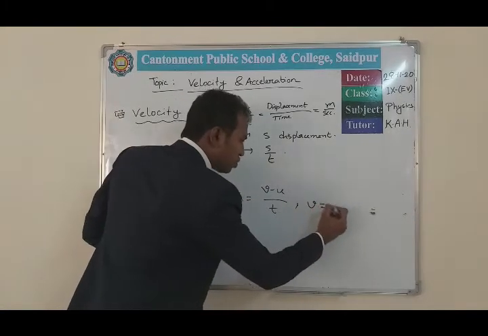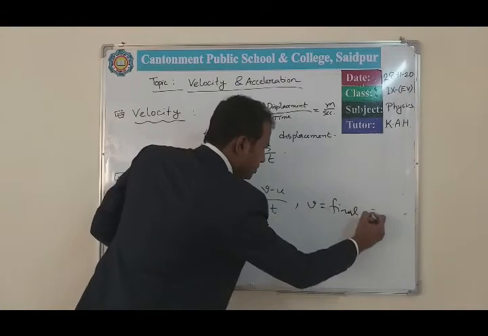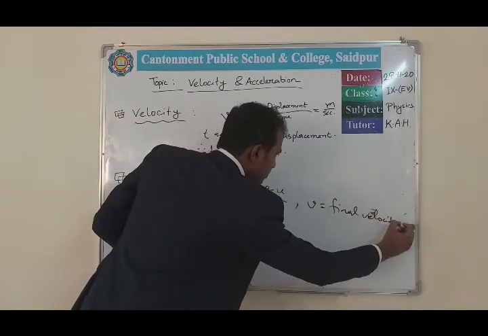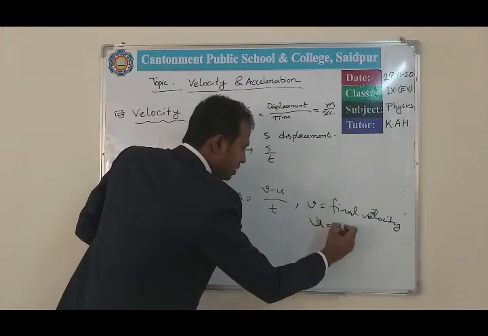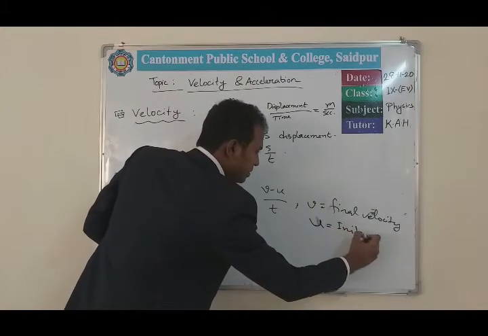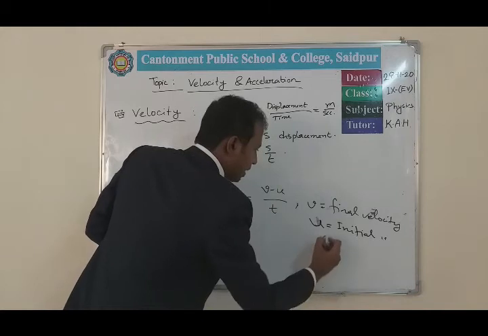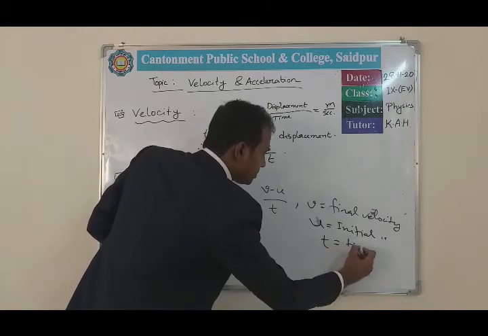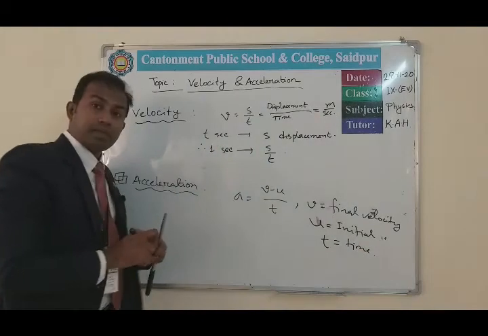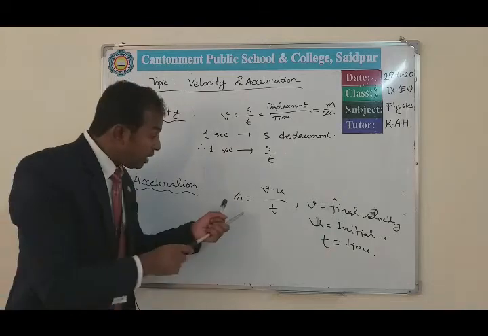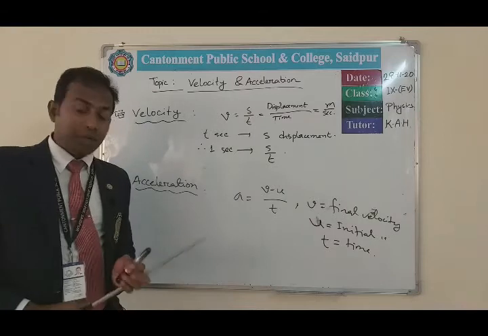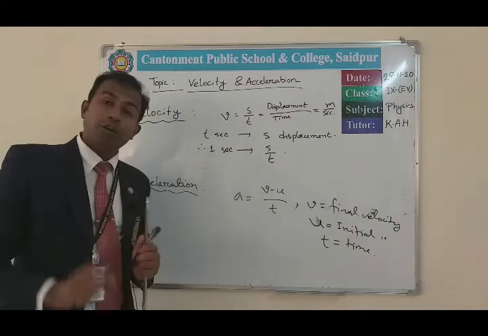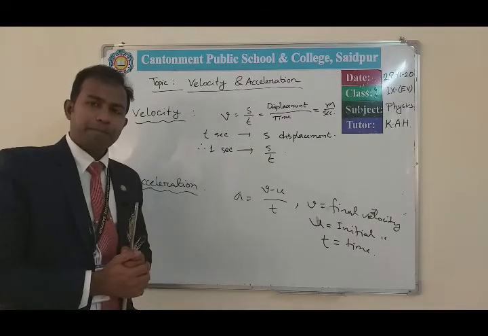Here V is the final velocity, U is the initial velocity, and T, you know, is time. From the equation you may learn that there is a difference of velocity.